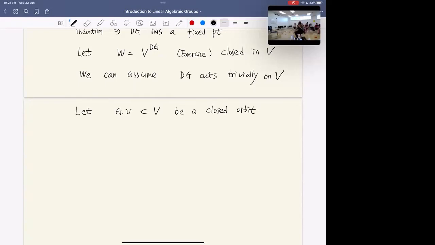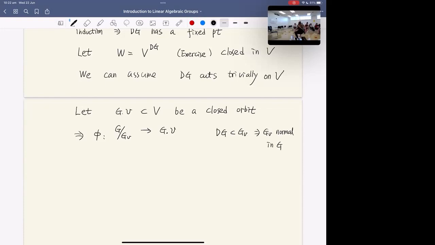So this tells us that the quotient has a morphism to G·V, the orbit of V. Now because DG is contained in GV, this tells us GV is a normal subgroup of G.